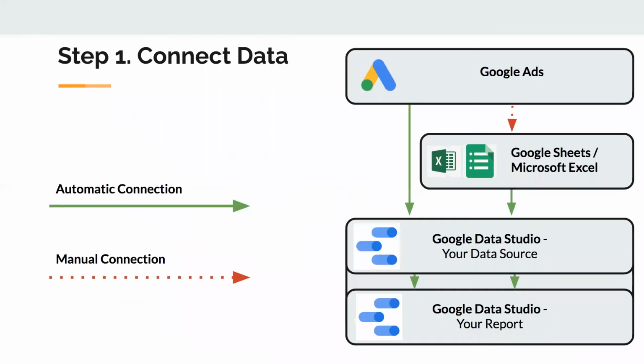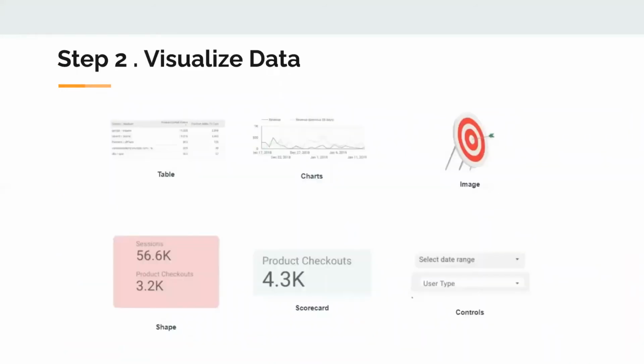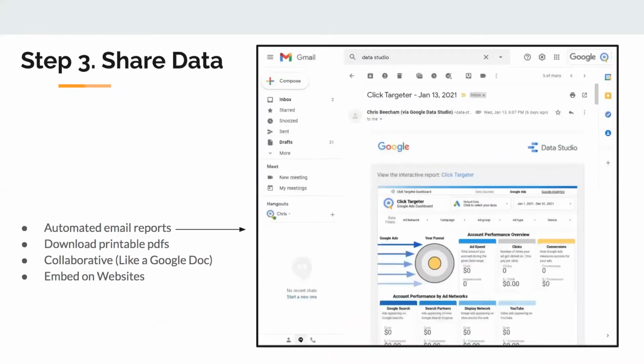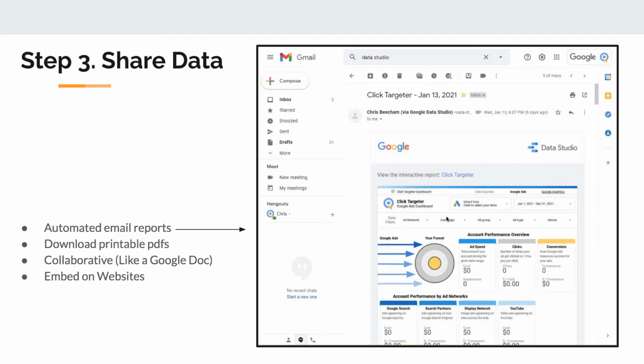So connect Google Ads to Data Studio. Once we have everything connected, we're going to go in and add tables, charts, images, controls. And then the last step. Here's the report style I created. It's called Click Targeter. One of the things I do is automatically email myself this report every day. I also email it to all my clients so they can see how they're doing.